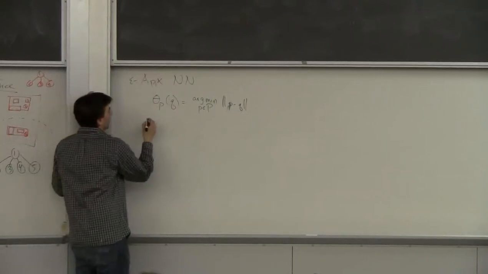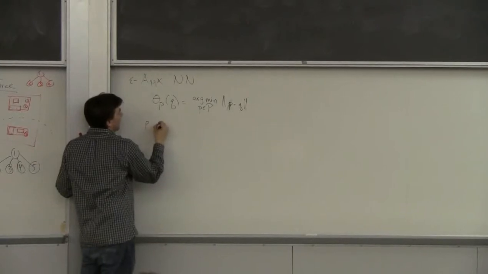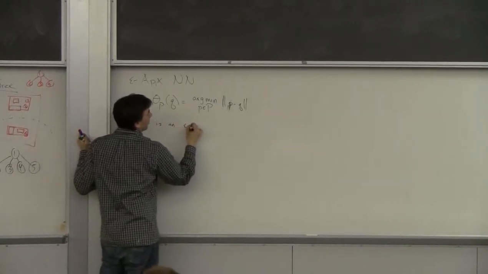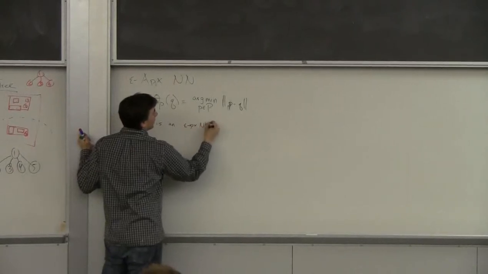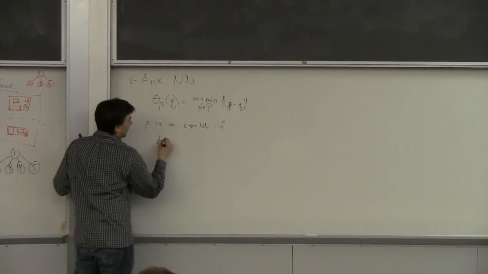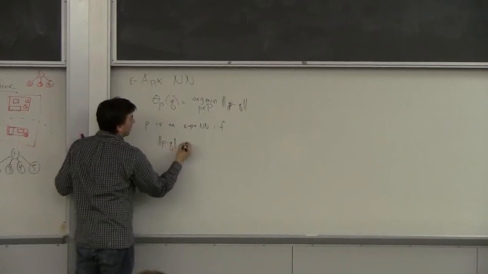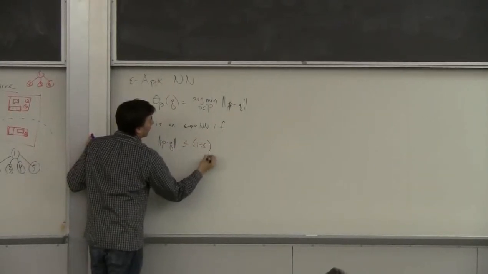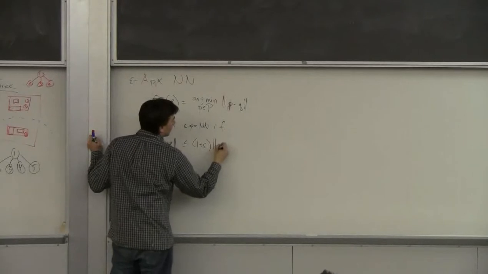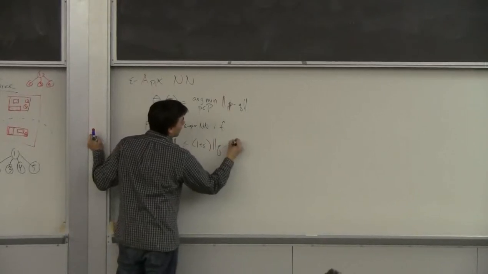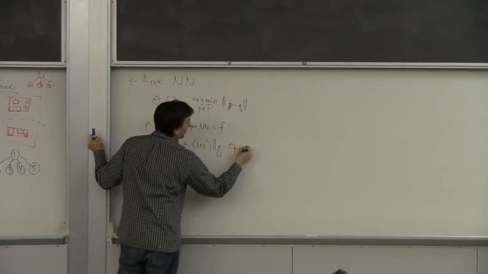And we'll say that P is an epsilon approximate nearest neighbor if the distance from P minus Q is less than or equal to 1 plus epsilon times Q minus phi of Q.